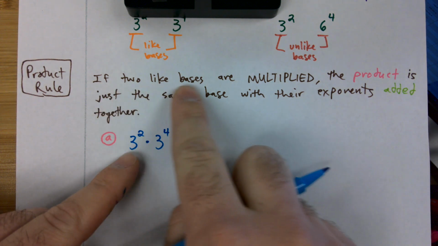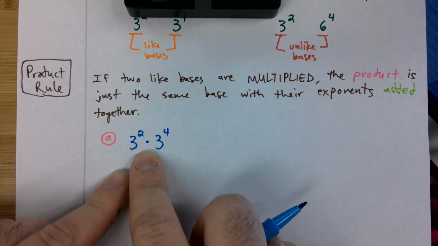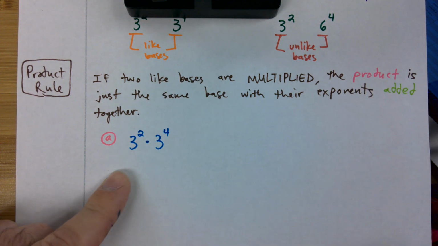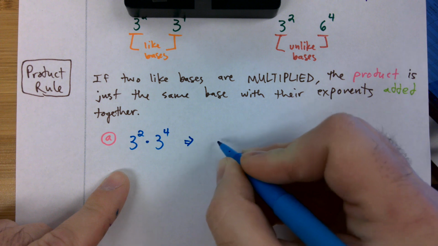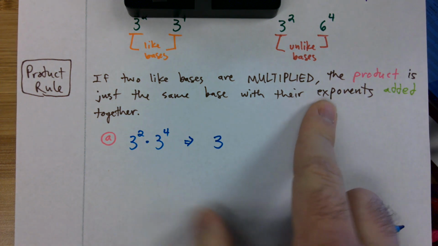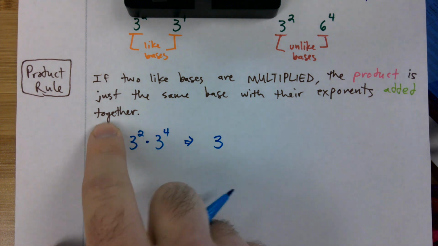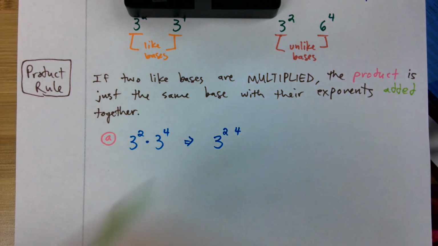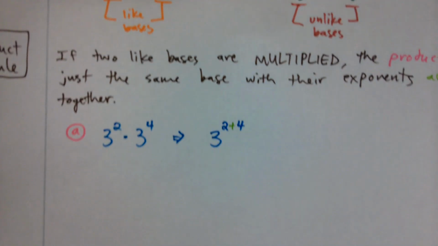If two like bases are multiplied, it's exactly what we have. The product is just the same base, okay, the same base, which would be 3, with their exponents added together. So 2 plus 4. Just like that. And I'll go ahead and zoom in.